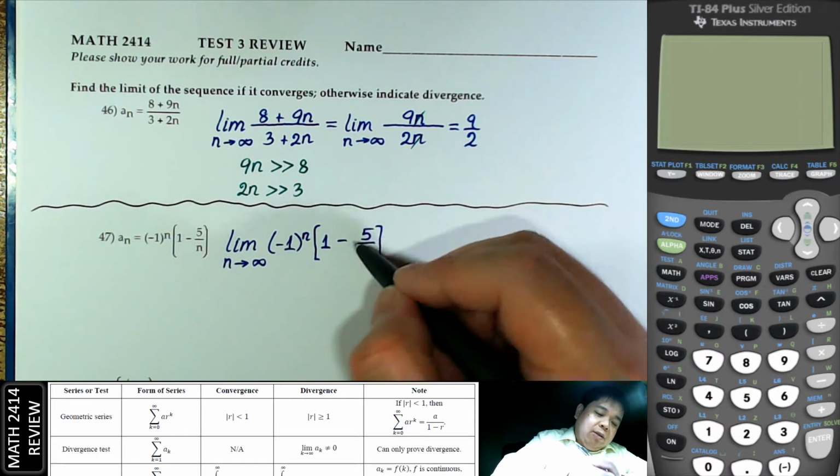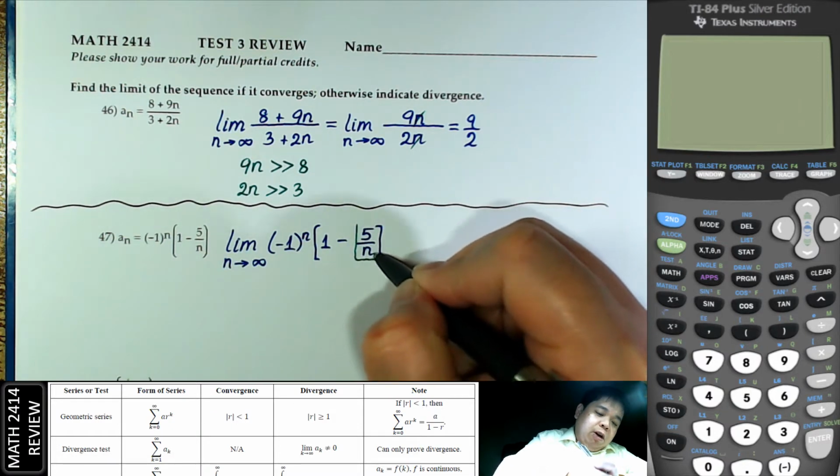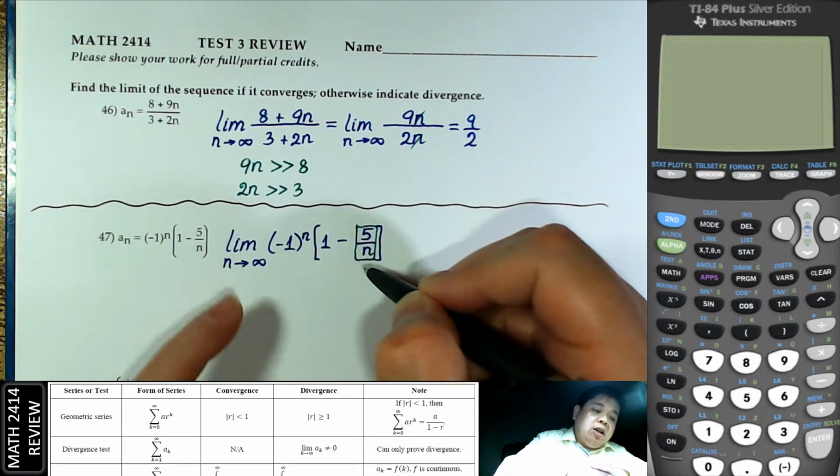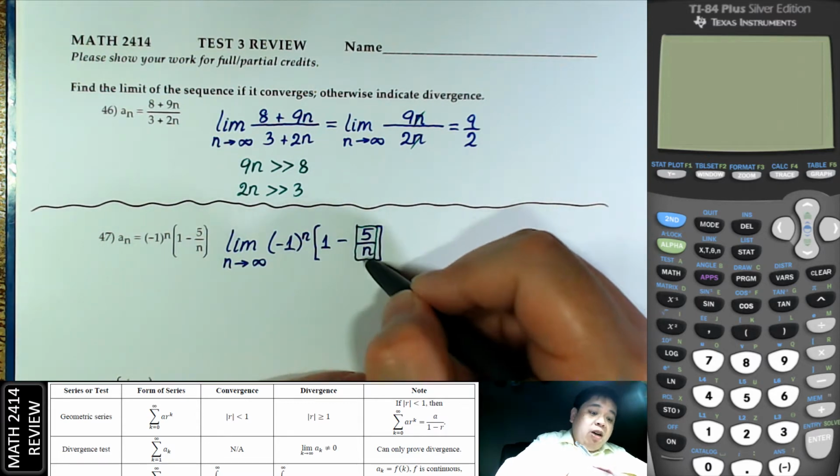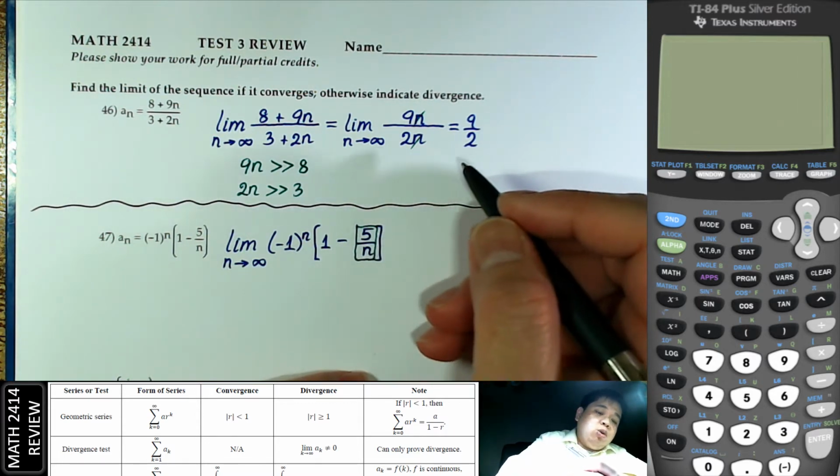Right, now the 5 over n, 5 is a constant, n goes to infinity, a constant or a finite number divided by infinity, so this one goes to 0.